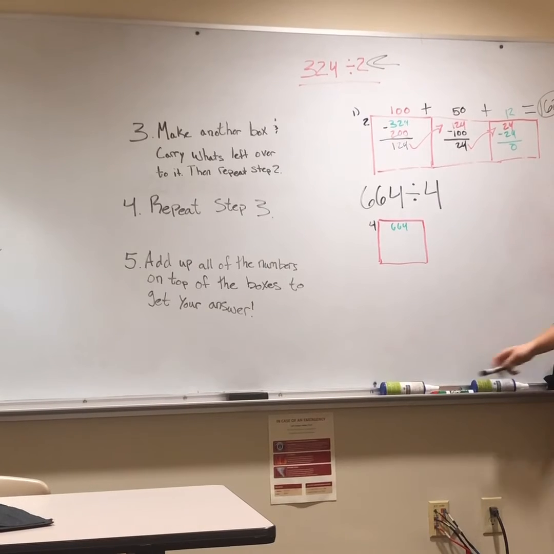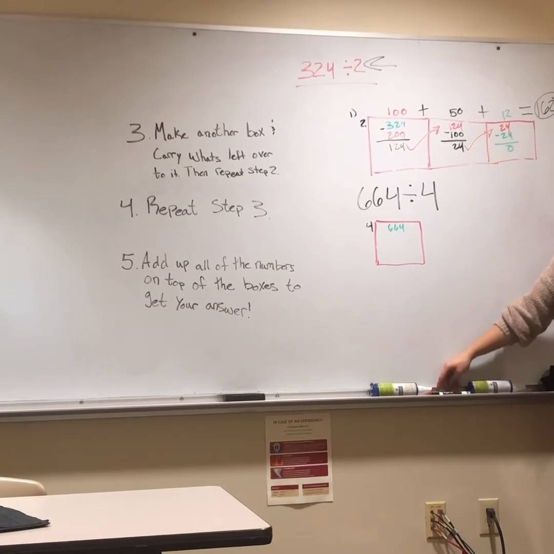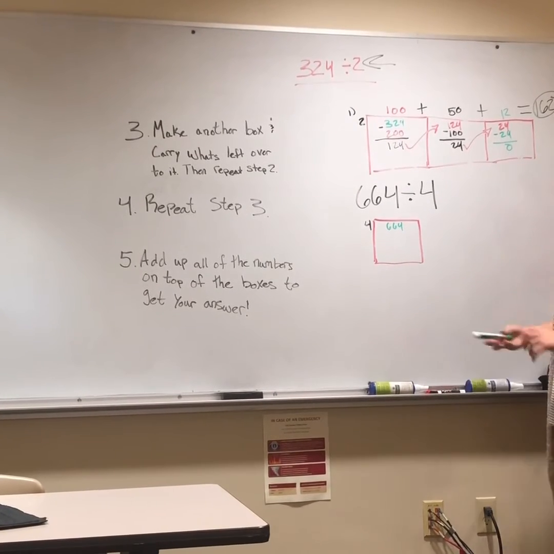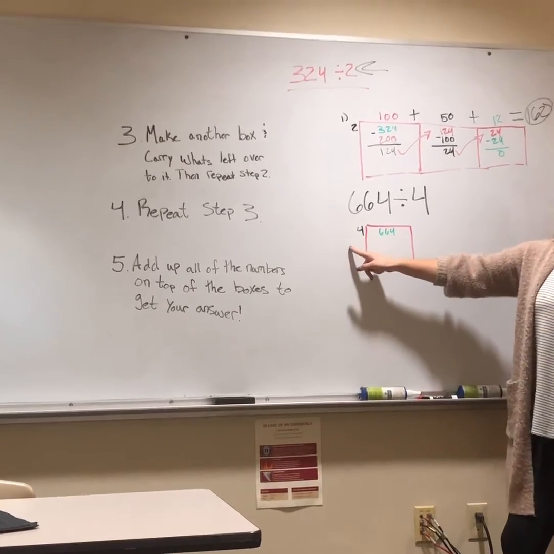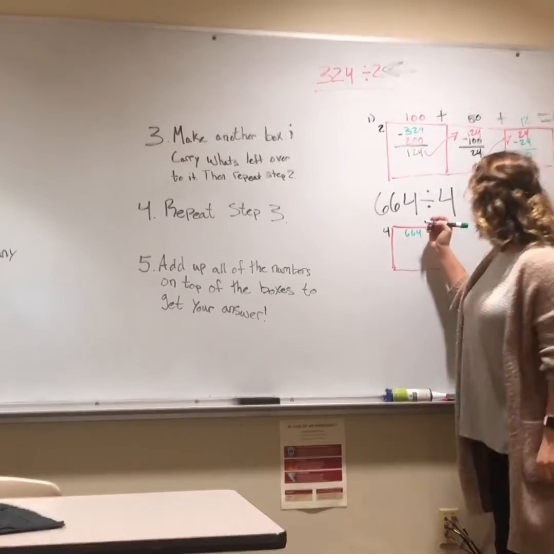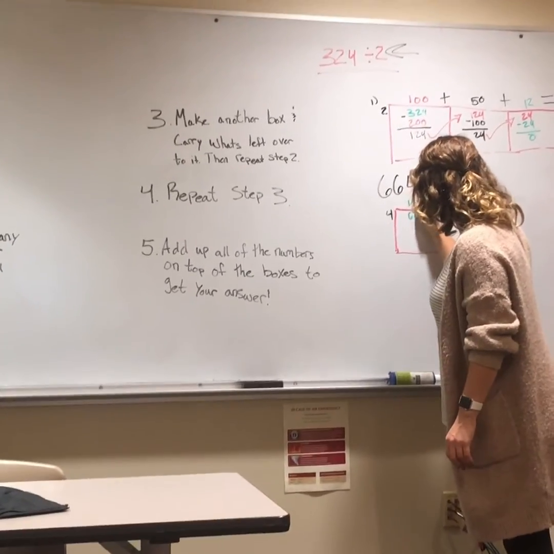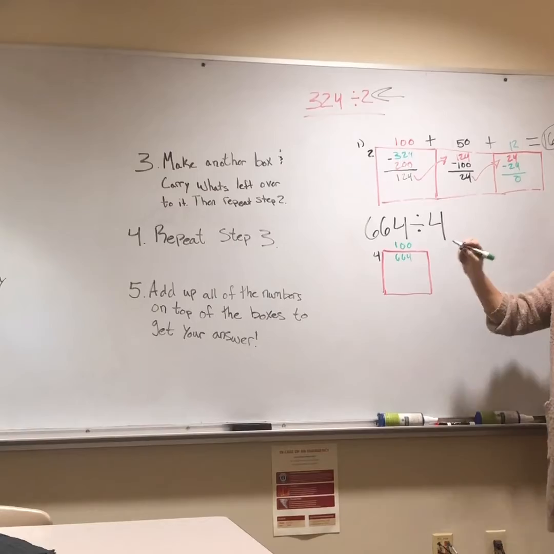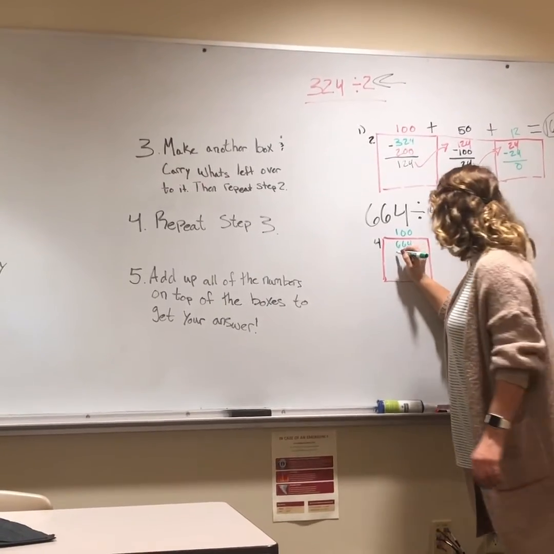And now we're going to think of a simple number of how many times 4 goes into 664, which we can stick with 100. Then you would do 100 times 4, which is 400.